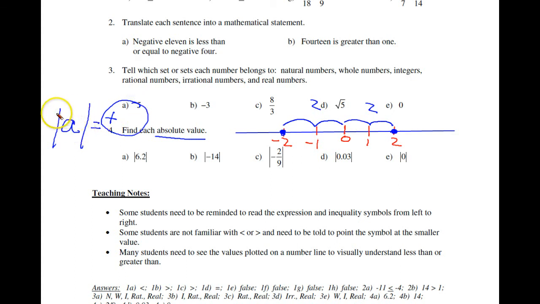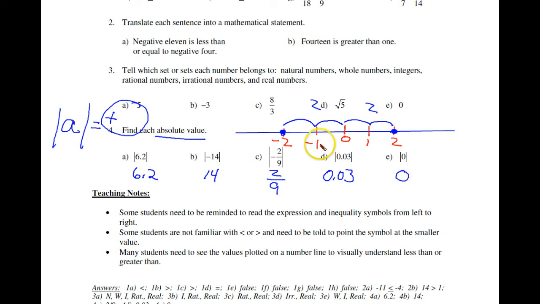Find the distance this is from 0. Well, its absolute value will always be positive. That makes this a lot easier to do. So this is going to be 6.2. This is going to be 14. This is going to be 2/9. This is going to be 0.03. And 0, in a sense, is just 0.